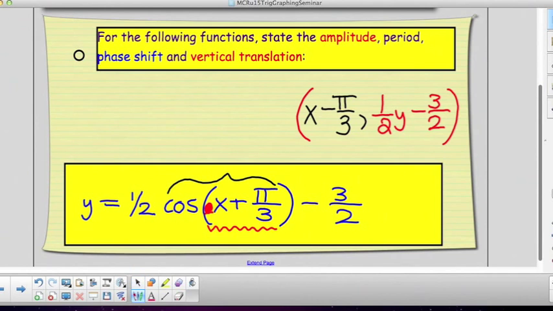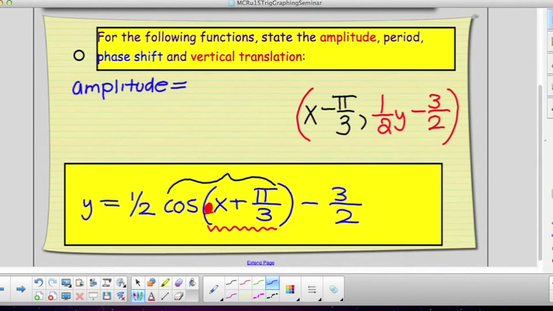Now let's analyze the amplitude first of all. Now in a word problem, or if you were not given the equation and you were asked to come up with the equation, your amplitude is your maximum, or do you guys remember the formula for amplitude?